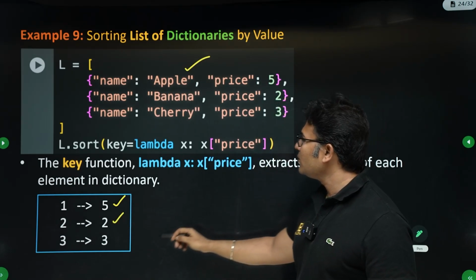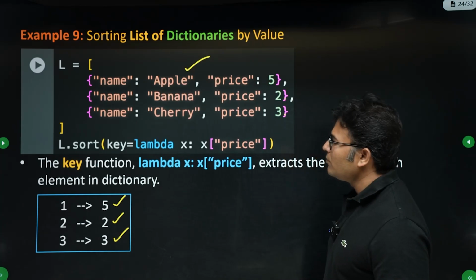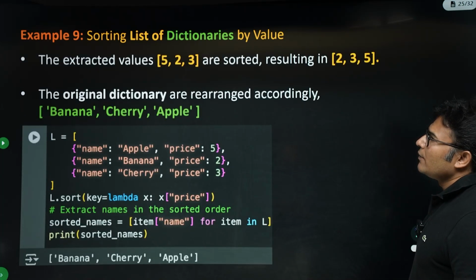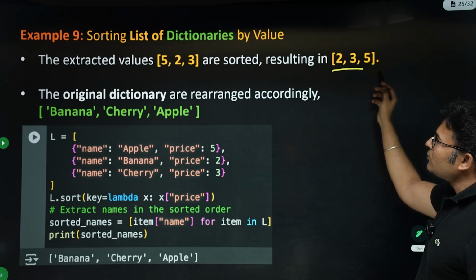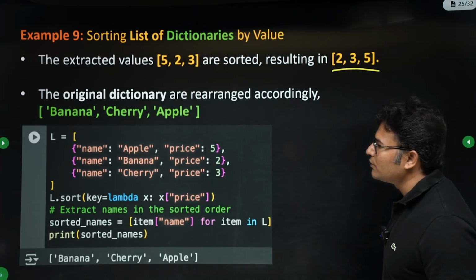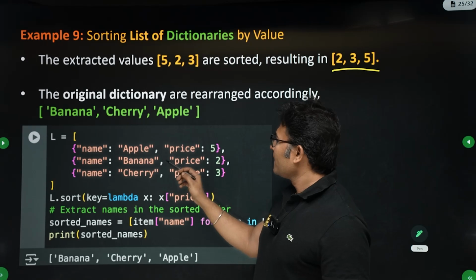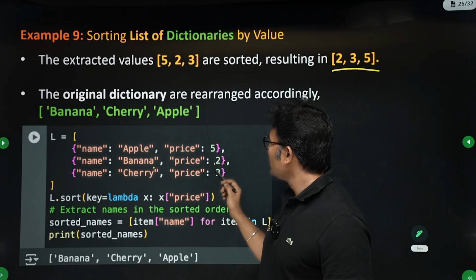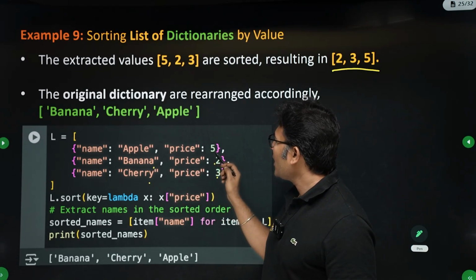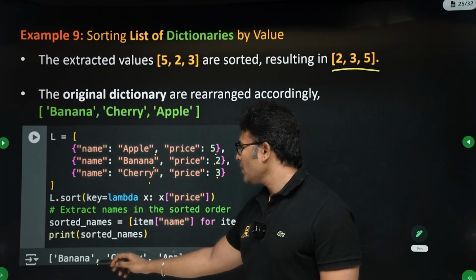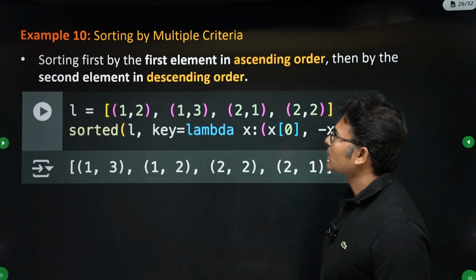For the third dictionary, the value that we got is 3. Now based on this 5, 2, 3, the sorting has happened and the sorting is 2, 3, 5. That is why you got banana for 2, cherry for 3 and apple for 5. Banana, cherry and apple. Okay.